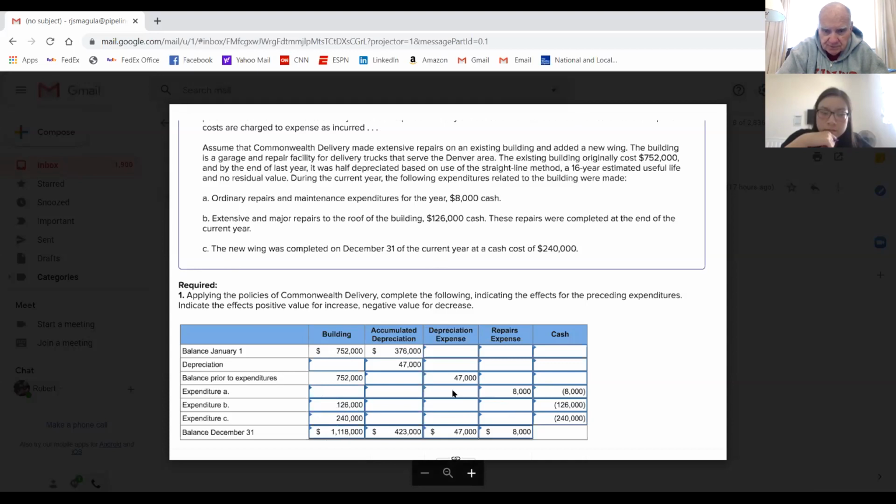Depreciation expense. I think I wrote down the number, but it said it is not complete. Okay, let's see. Balance is good. And then the next depreciation.